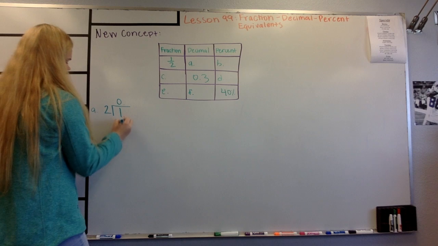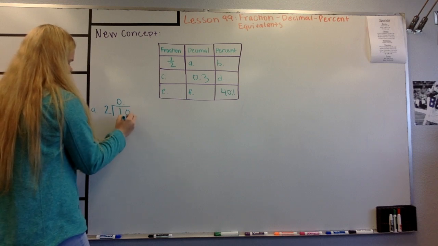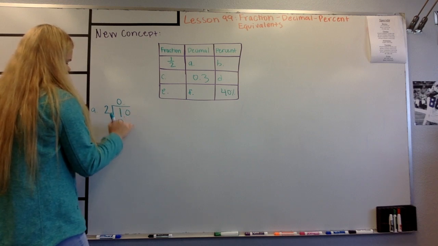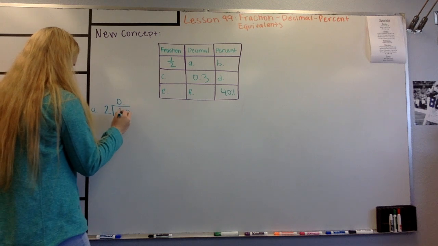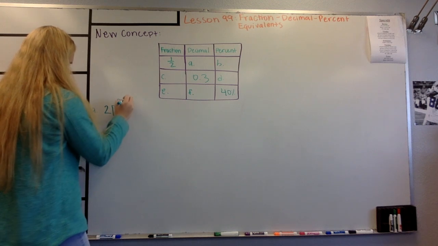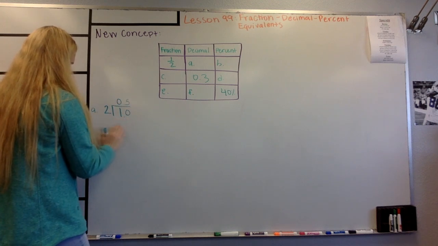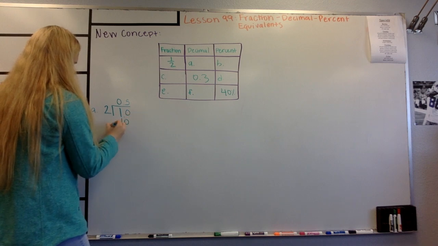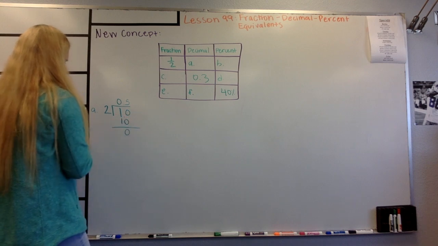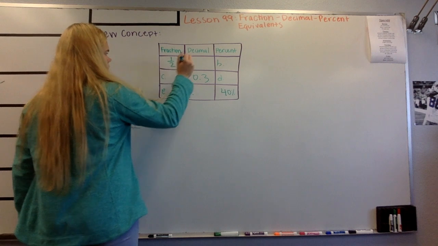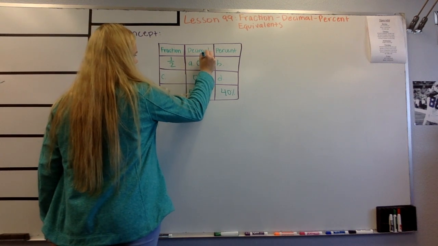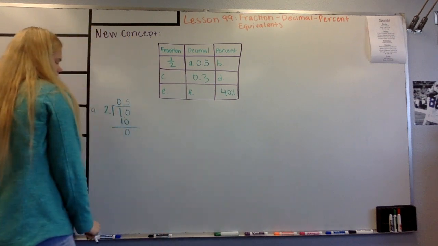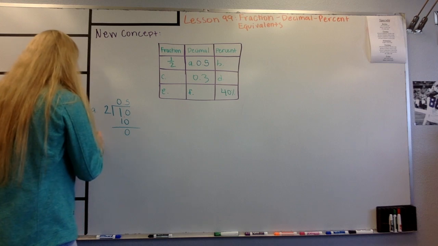Nope. We add a 0. 2 goes into 10 five times, so we put 5 on the top of our house. 2 times 5 equals 10. That's a pretty easy one. So our decimal will be 0.5.